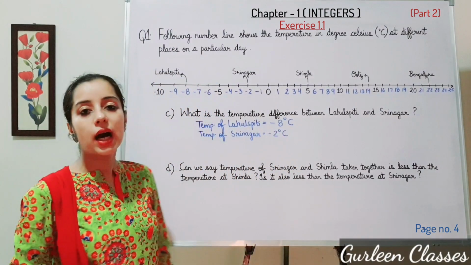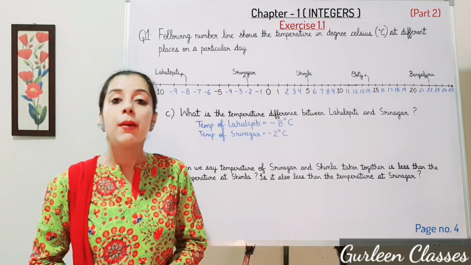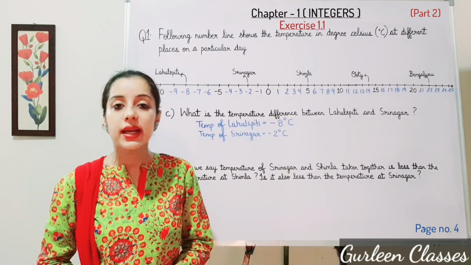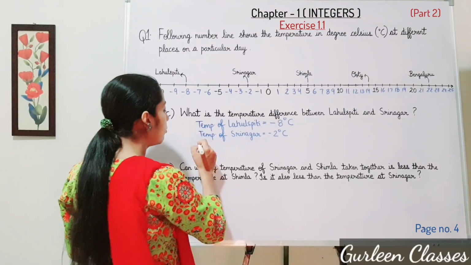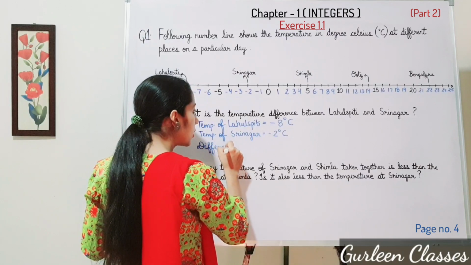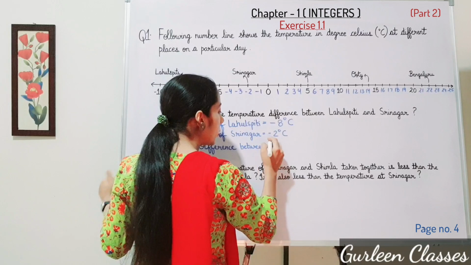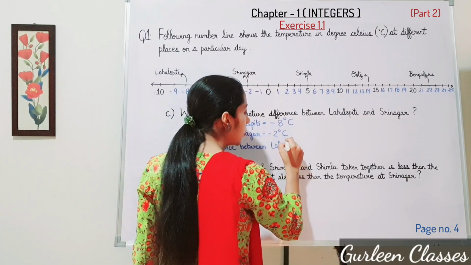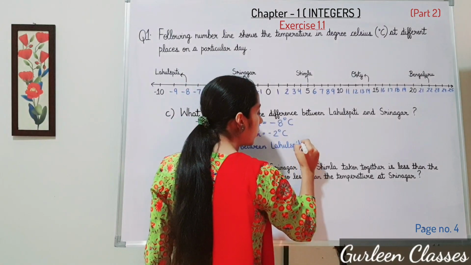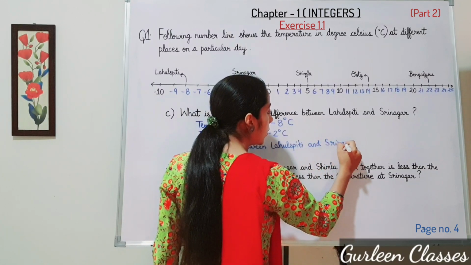We have to find out difference between both. So students, which number is greater? -2 is greater than -8. So we will find out the difference. So right here, difference between Lahul Spiti and Srinagar.